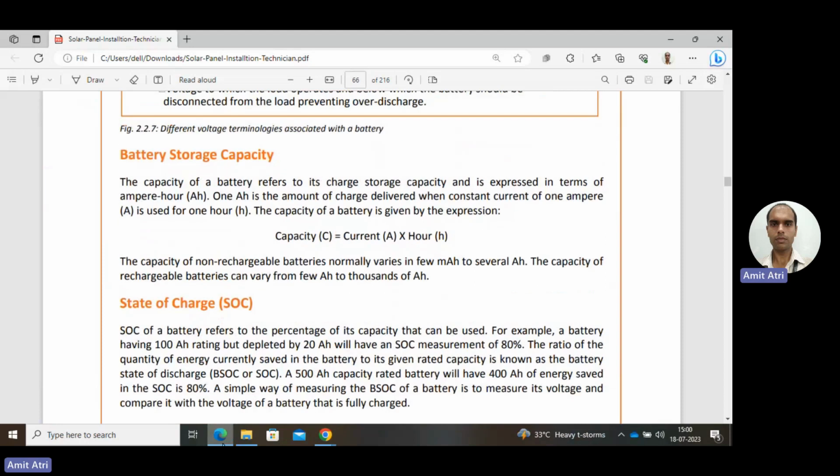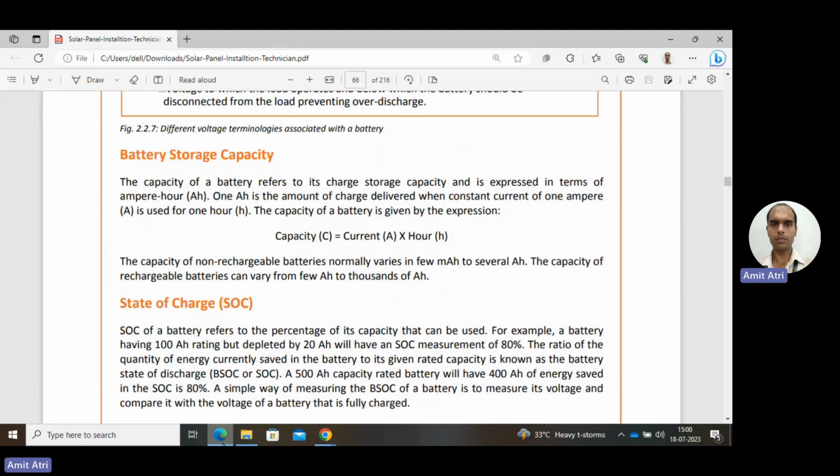Battery storage capacity. The capacity of a battery refers to its charge storage. It is expressed in ampere hour. Capacity is a product of current and time.